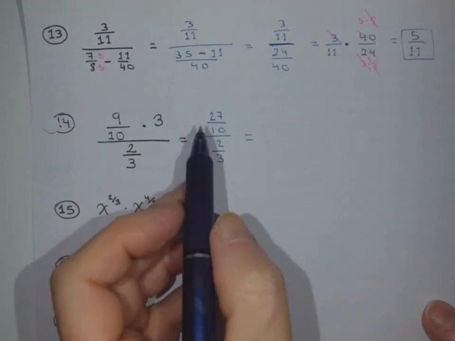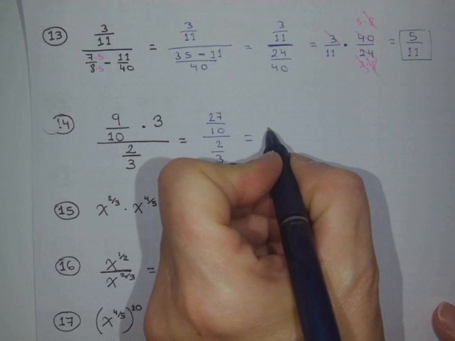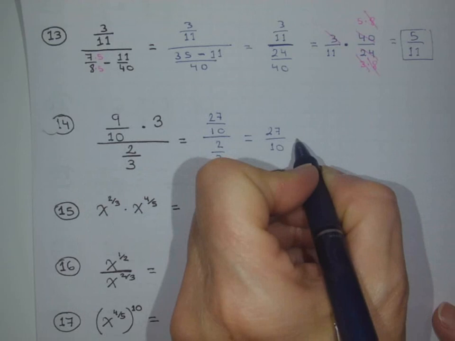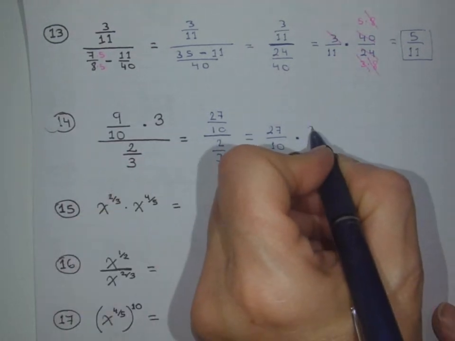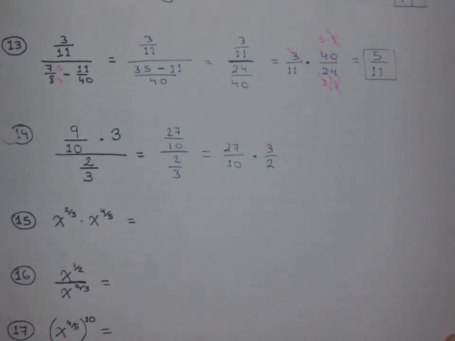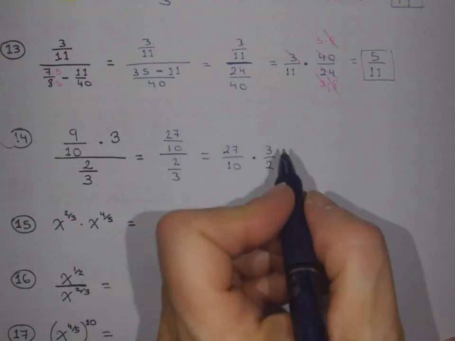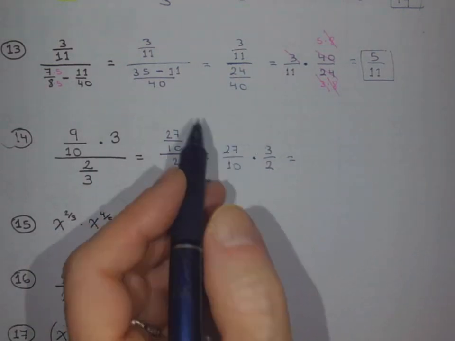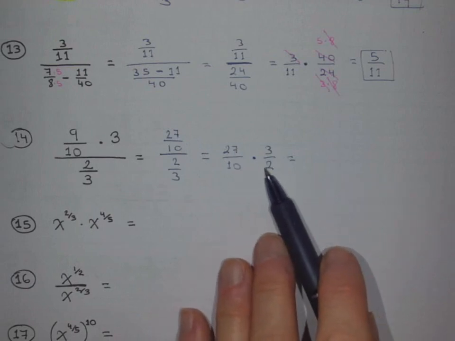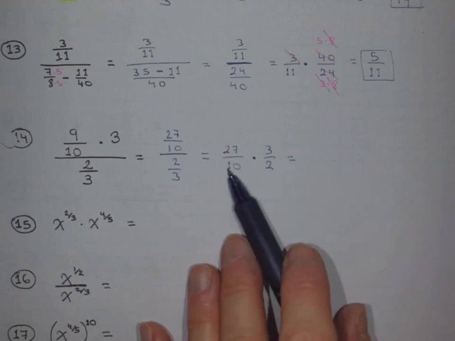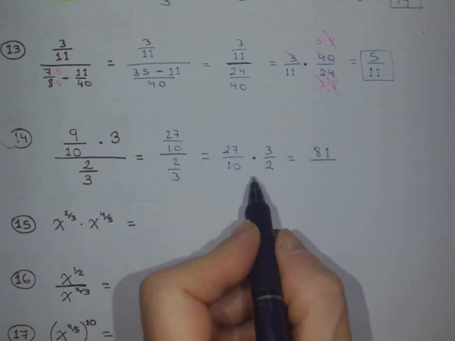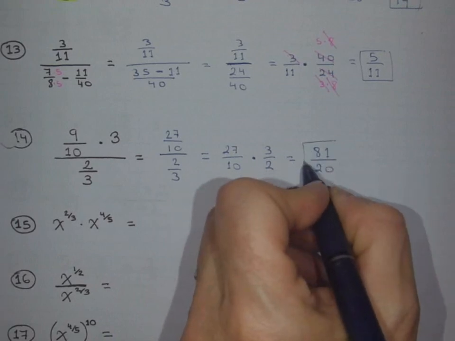You now have a fraction divided by a fraction, so keep the numerator fraction, change your division to a multiplication, and use the multiplicative inverse of the bottom fraction. And when I do this, I'm going to have 27 times 3. I'm looking to see if I have anything in common, and it doesn't look like numerator, denominator, nothing in common, right? So 27 times 3 will be 81. And then 10 times 2 is 20, and that will be my answer.